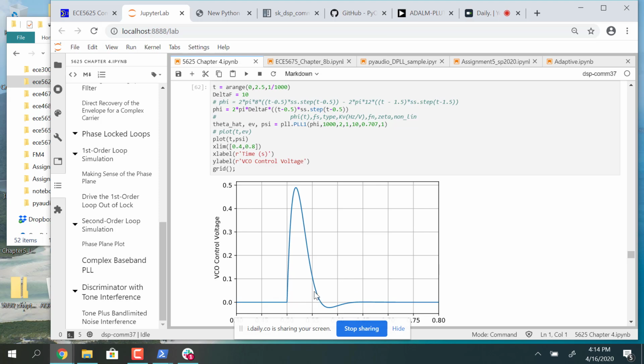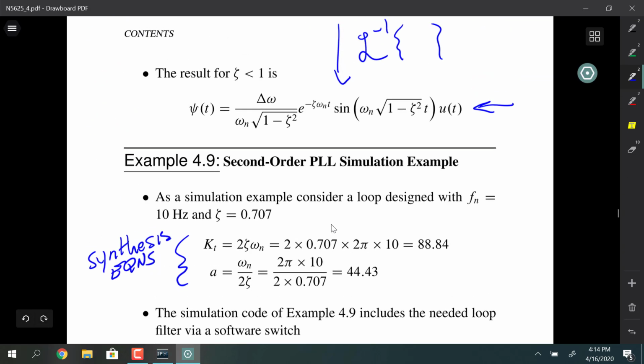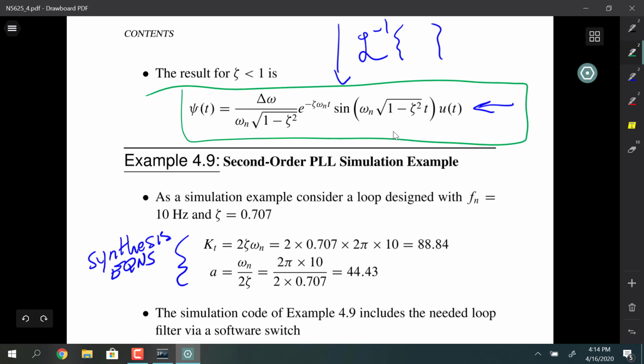So this characteristic right here is exactly this curve. If I put in the natural frequency 2 pi times 10 hertz, and put in a damping of 0.707, that plot we're seeing there is this, mathematically speaking.